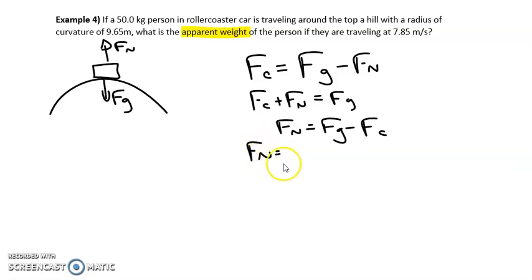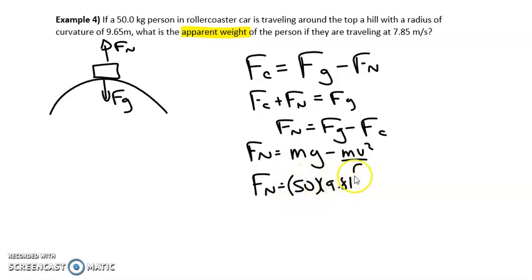So the normal force is equal to mg minus mv squared over r. We can plug in our numbers at this point. It's 50 kilograms multiplied by 9.81 minus 50 kilograms, v squared, 7.85 meters per second squared, divided by that radius of 9.65 meters per second.